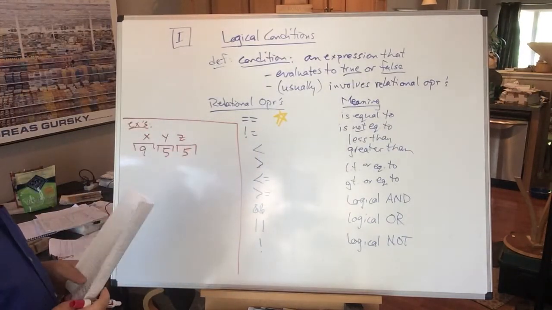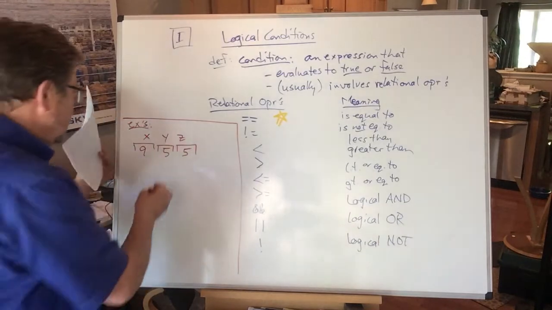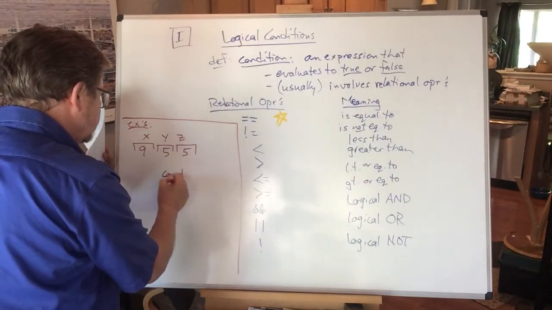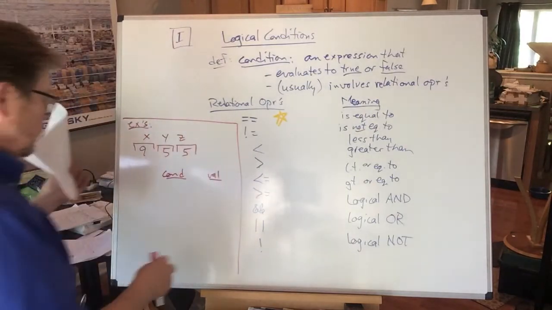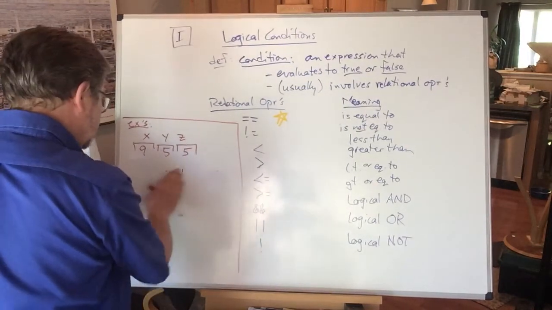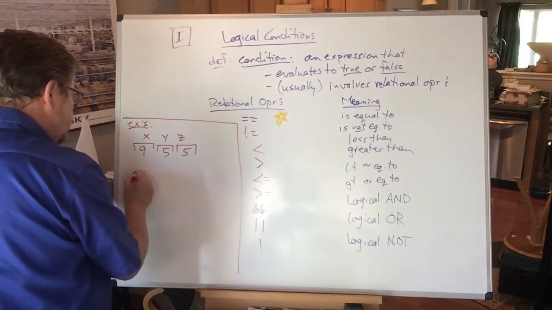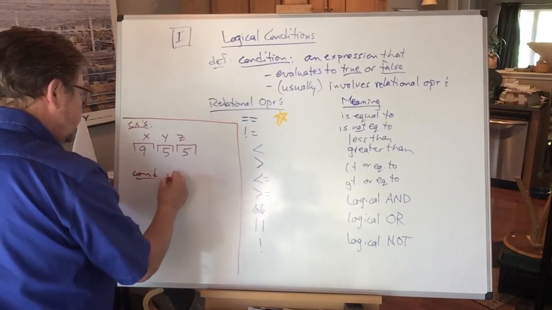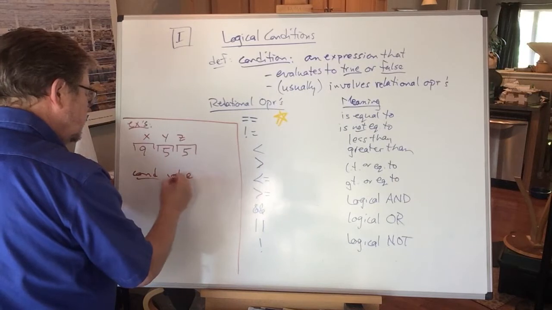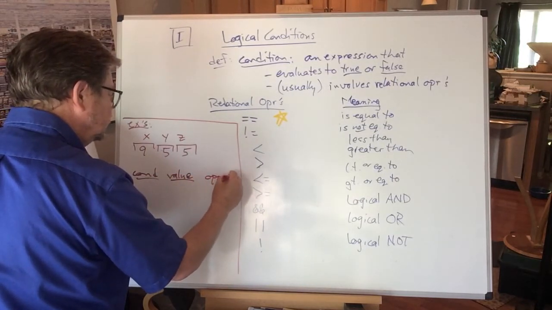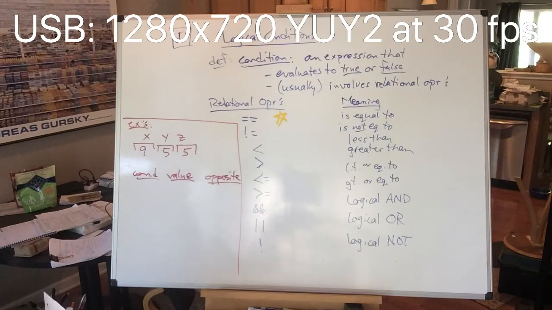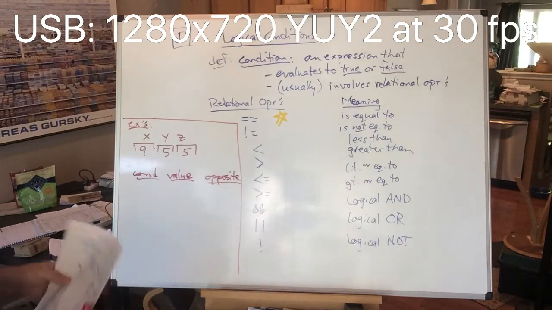Here's a condition that uses those, here's the value of that condition, and the opposite here, meaning the logical opposite. When this condition is true, that one would be false, of necessity.